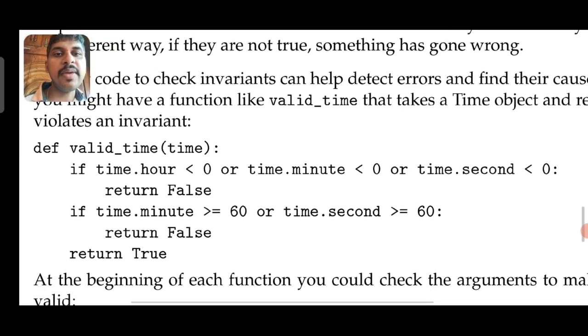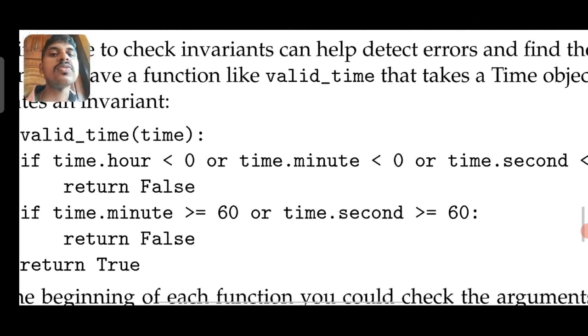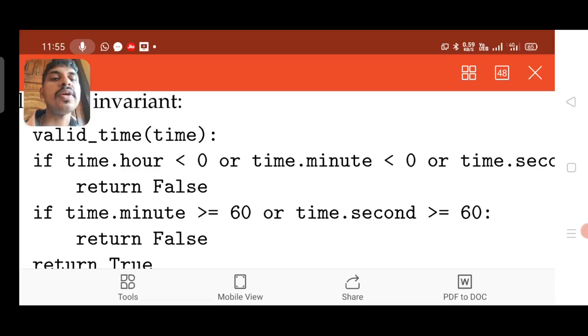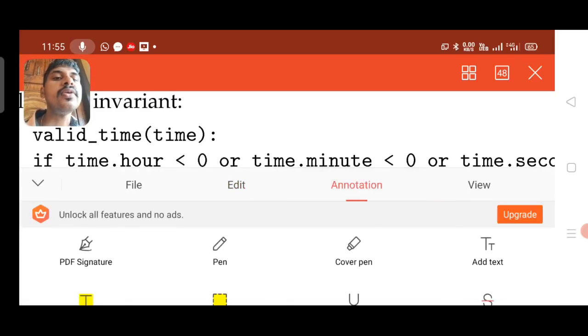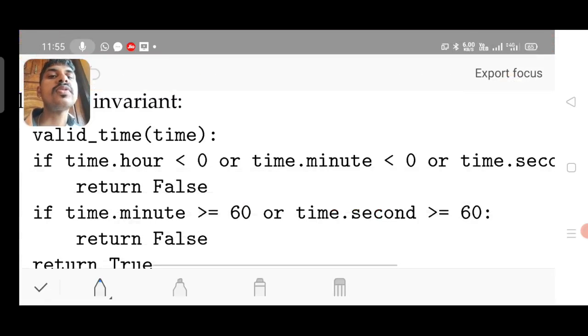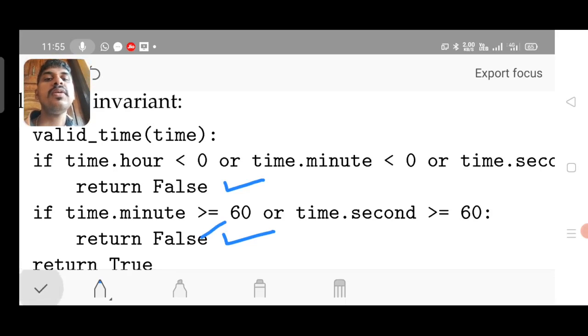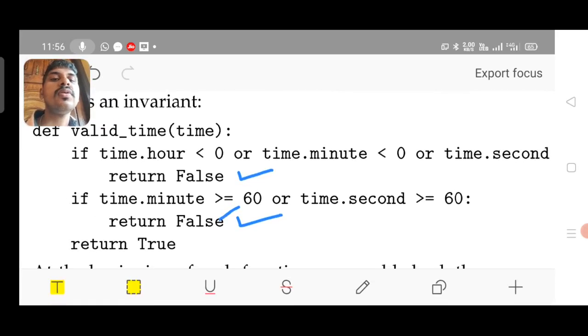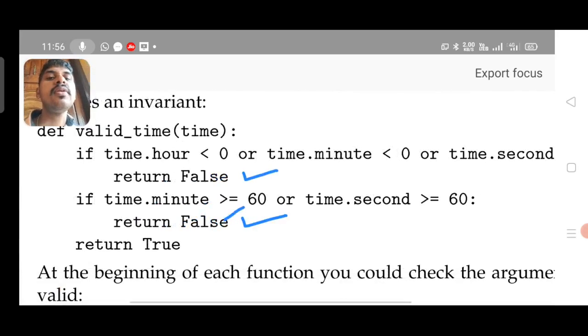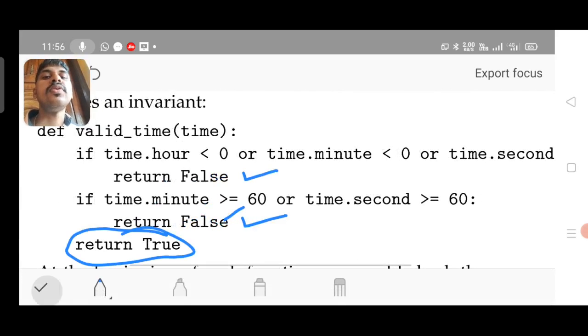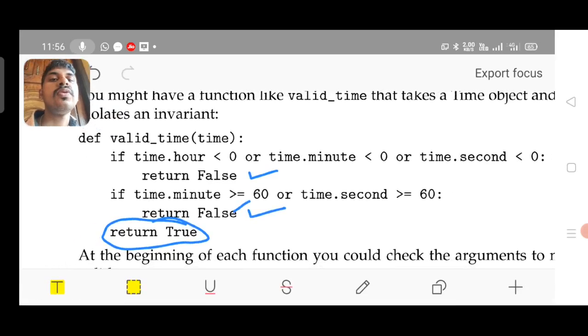So if time dot minute is greater than 60, or time dot second is greater than 60, what is to be returned? Again you have to return false, otherwise return true. Okay, see here, otherwise return true.